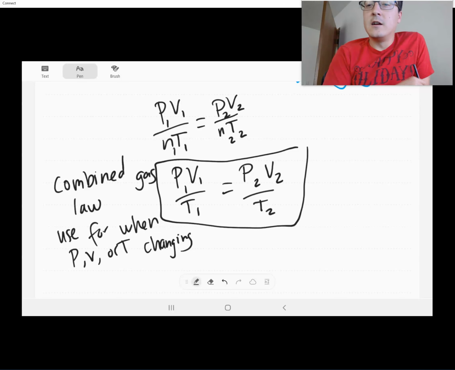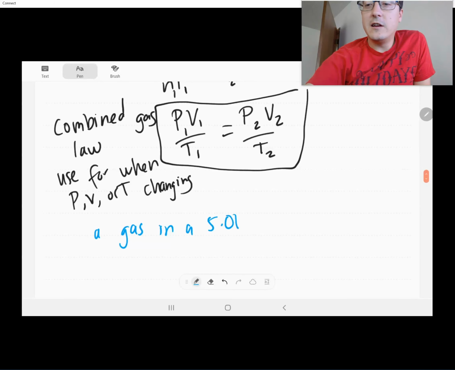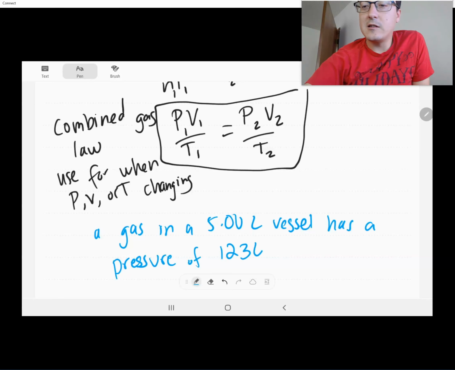Very nice, right? An example of something you would use this on is, let's say, a gas in a 5-liter vessel has a pressure of 1236 torr at, I don't know, how about 142 Kelvin.